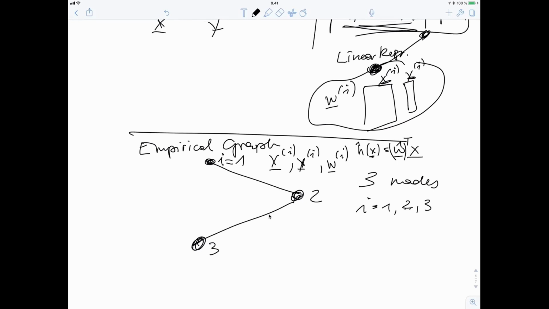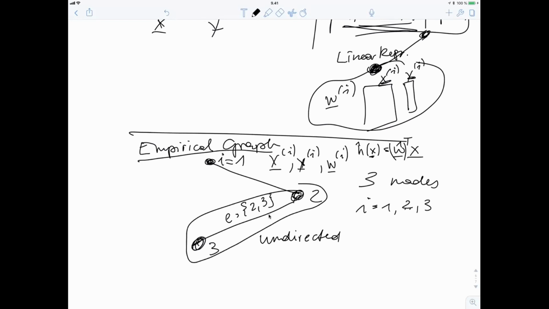And then we have edges. So an empirical graph is an undirected graph. So the edges have no sense of orientation or direction. So for example, this edge here is connecting node 2 and node 3. And it's the same as the edge connecting node 3 with 2. So within this course, using this concept of empirical graphs, we can only model symmetric relations.